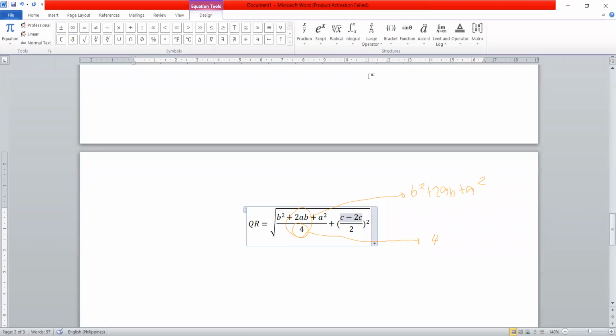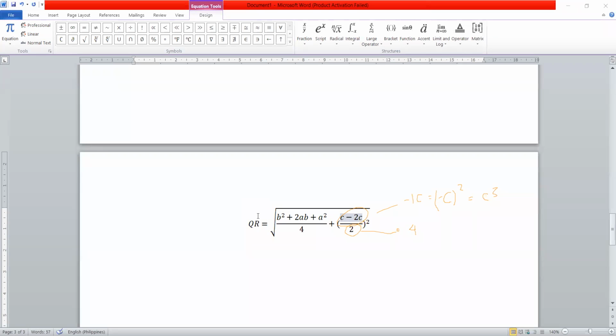And then for this one, you'll have here, it's like 1 minus 2, so that's negative 1c, or you can just say negative c, and your denominator is also 4. So negative c squared is just c squared.